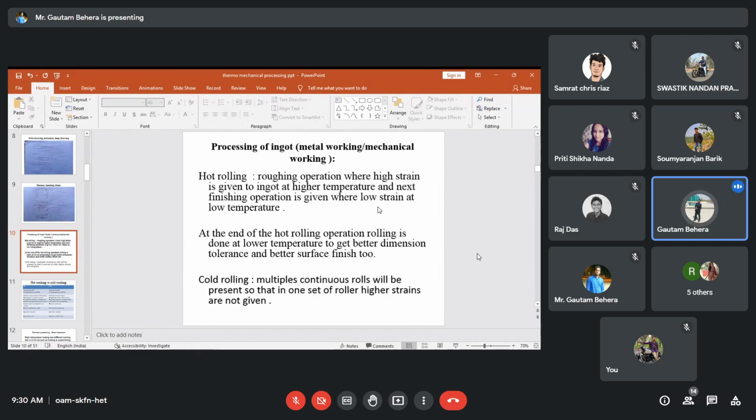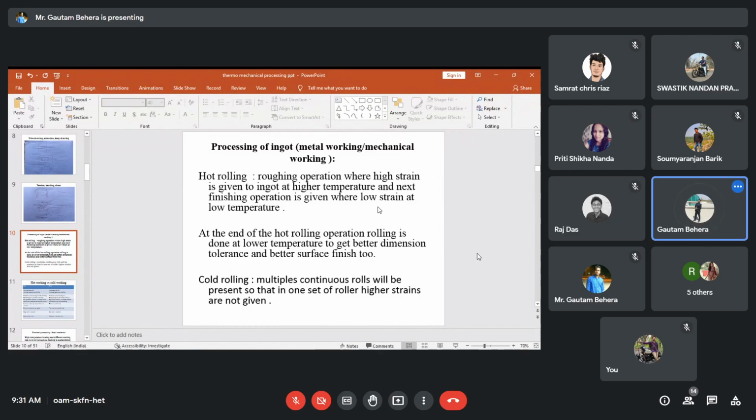Some people ask, what is recrystallization temperature? It is basically 0.5 TM, where TM is the melting point in Kelvin, and 0.5 is half of the melting point. So if you are processing metals or alloys above half of the melting point, then it is hot working. But if you are processing below half of the melting point, then it is cold working, right? In this way, you can remember it.